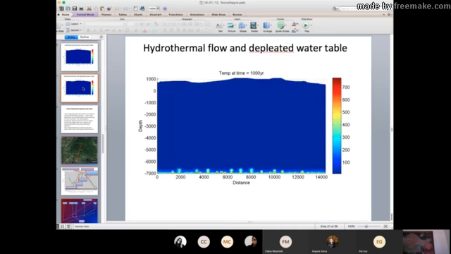Another simulation. In this case, can you see this new slide? In this case, the top here is the measured water table after the beginning of the exploitation, and after the reduction in pressure of the geothermal aquifer.